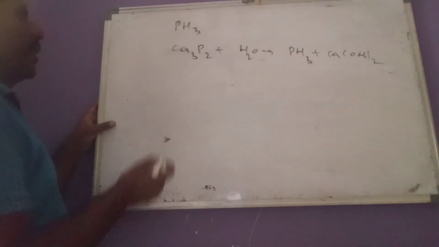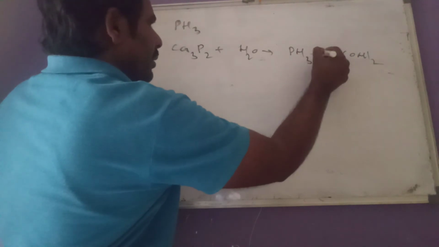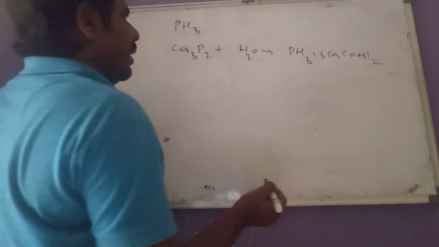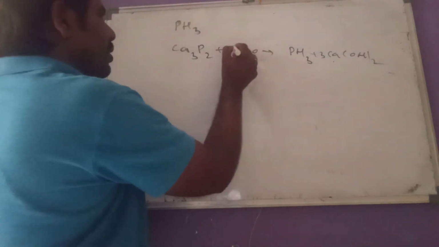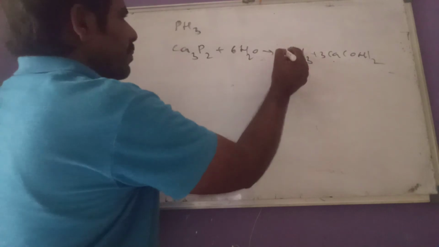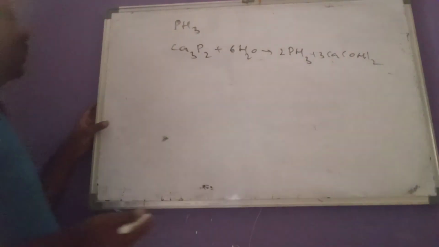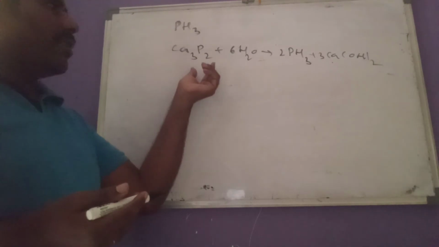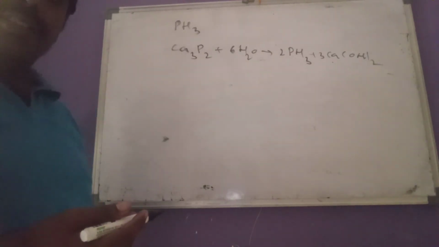To balance this equation, we have to write 3Ca(OH)2. Now 3 times 2 gives 6 oxygens, so we have to write 6H2O. And here 2 phosphorus means we have to write 2PH3. Now it is already balanced. So like that, calcium phosphide when treated with water gives phosphine.